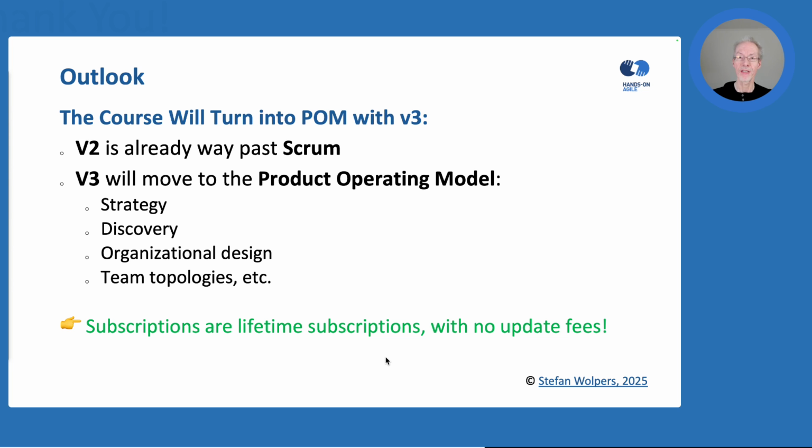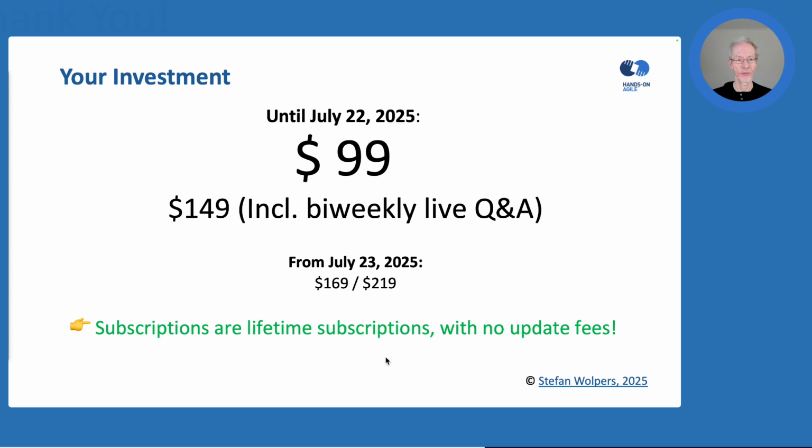So all the other things you have to take into consideration when you really want to move to a product operating model, where empowered, dedicated, motivated teams are tasked to solve customer problems within given guardrails. And I think this is totally exciting. And Scrum will just be a small part of that, right? Again, subscriptions are lifetime subscriptions, no update fee. So if you choose to go for version 2 today, you will get version 3 for free.